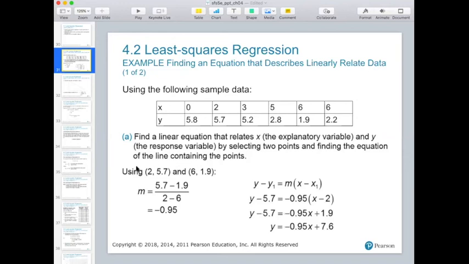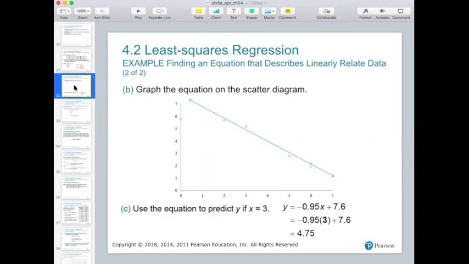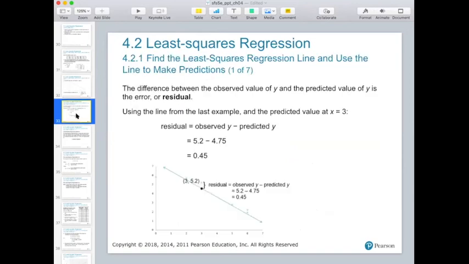That's what that line looks like. We could use that line to make a prediction. This says use the equation to predict y if x is equal to 3. We can plug the 3 in and find the y value that matches, and based on that, we find a prediction.